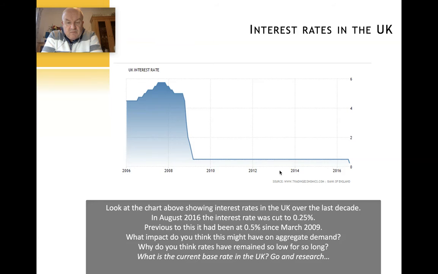Interest rates were pretty much the norm, and as you can see, they climbed from a low in 2006 up to a high of just under 6% at the end of 2007, and then they almost fell off a cliff, if you like. It almost looks like a cliff there, doesn't it? And no real surprises that happened around about 2008, 2009.